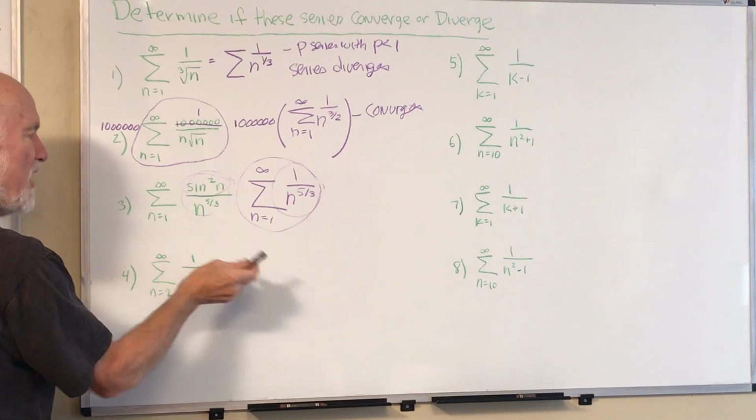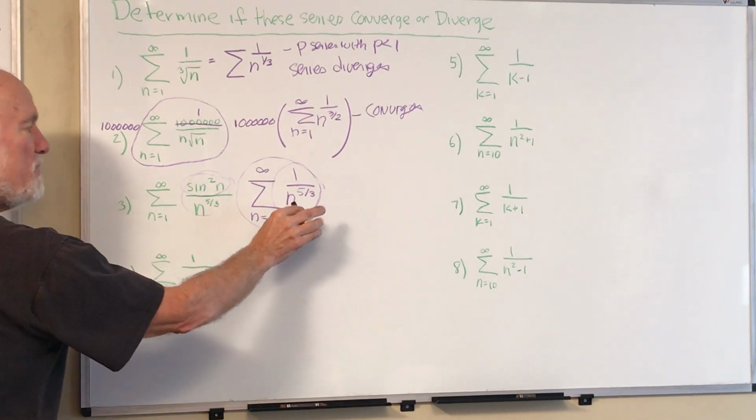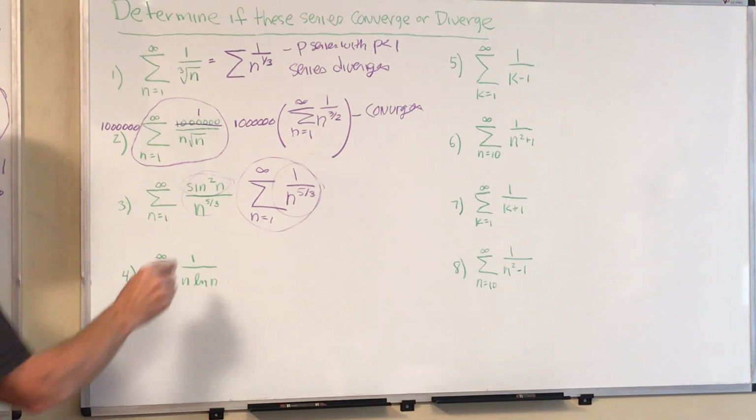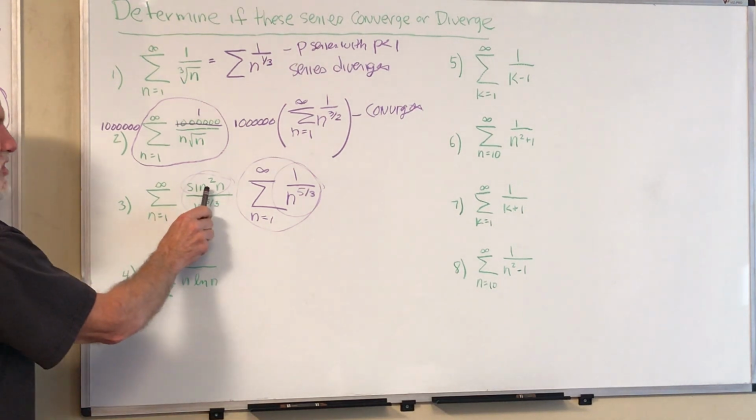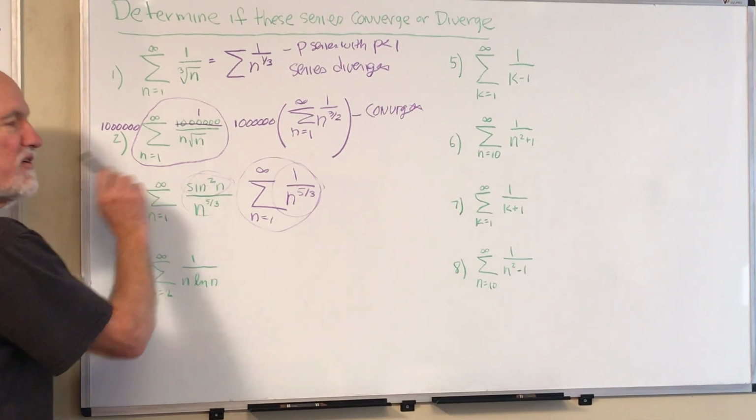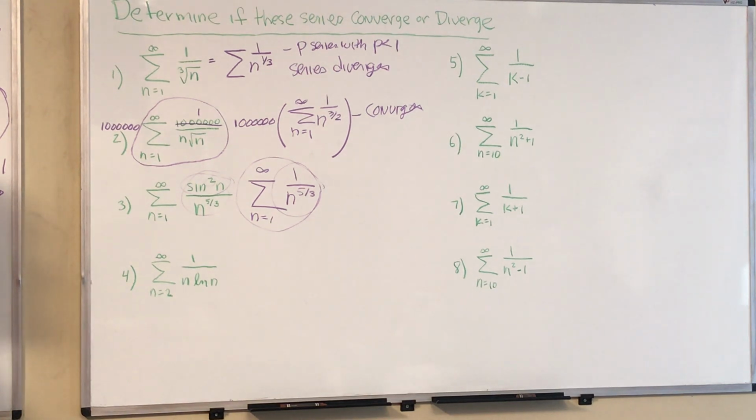So by the comparison test to a p-series that we know converges, we can say that this series converges. And it is kind of important to know that this is sine squared of n, so all the terms are going to be positive, so we can really use the comparison test.